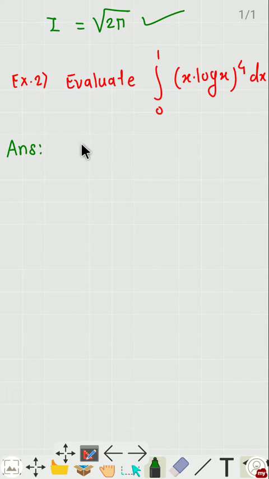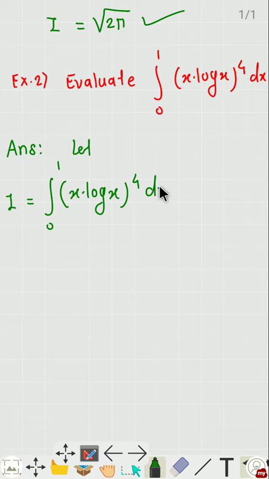Answer. Let I be the given integration over 0 to 1 of x into log x raised to the power 4 dx.